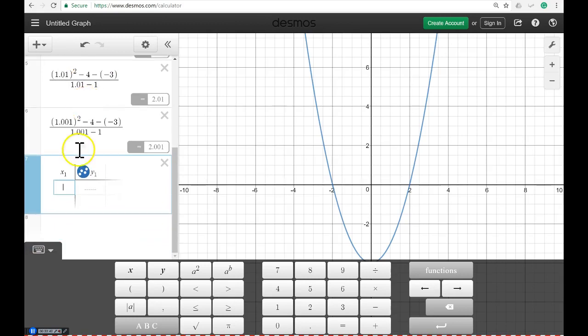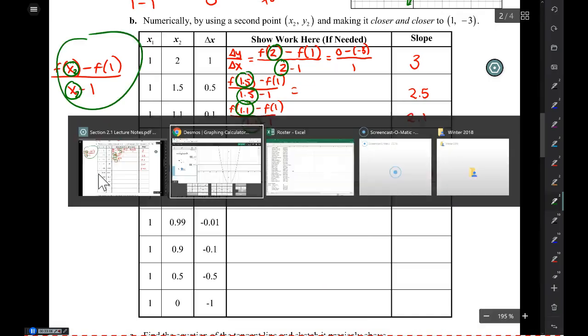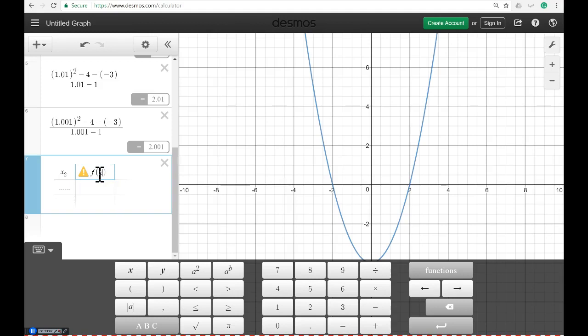Now I'm going to change this to x2 instead of x1, because x1 is my stationary point, and x2 is my moving point. And then in my y column here, I would like this to spit out the slope between x1 and x2. The way that we found that was this: we want to take f of x2.